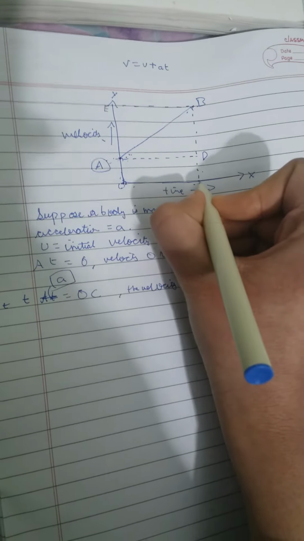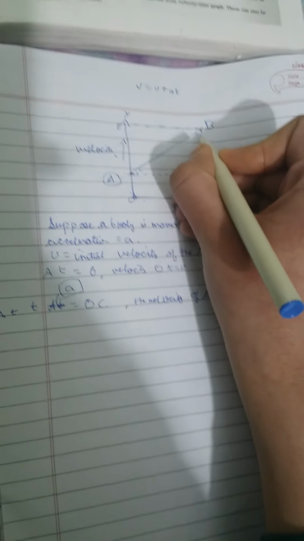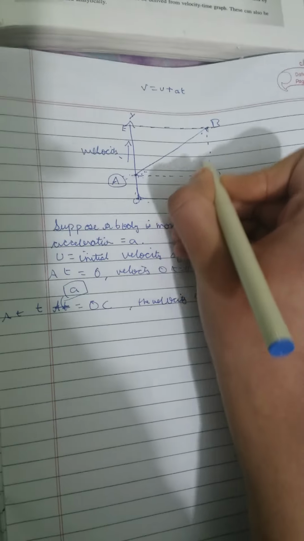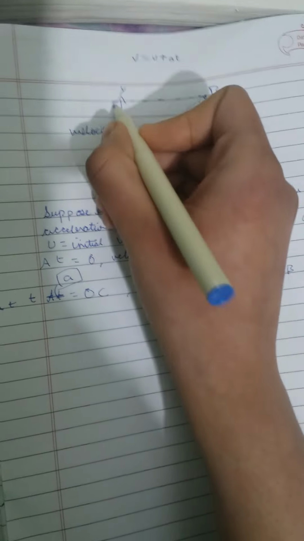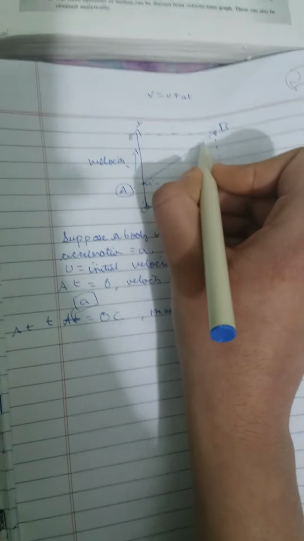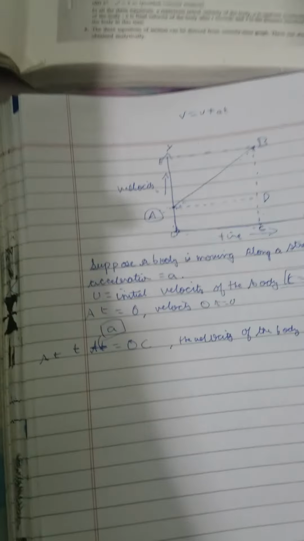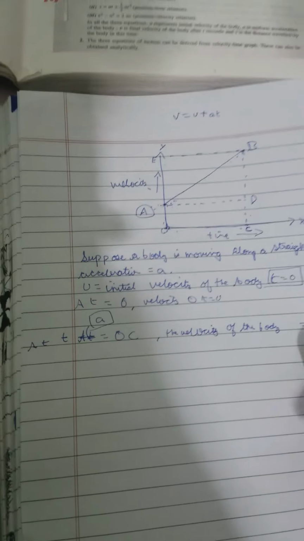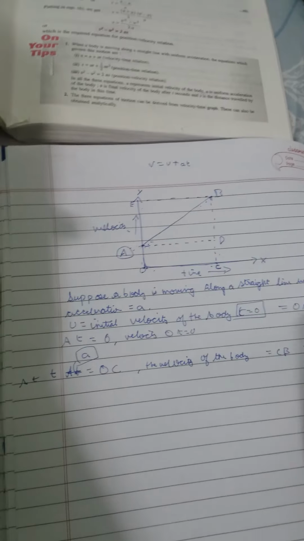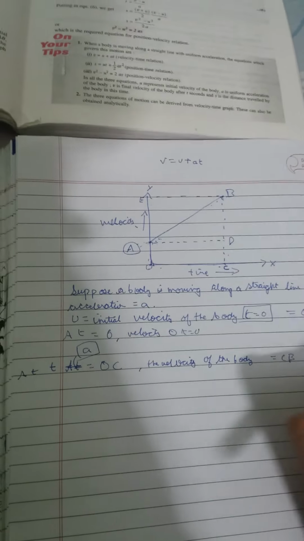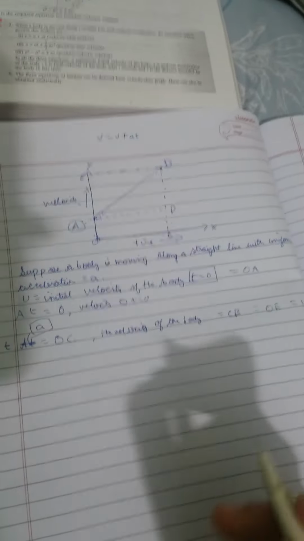At this time we'll go up here, and the velocity is CB, which we can also take as OE, as they're parallel and of the same length. We don't need this, but just for the sake of telling, it is equal to v, the final velocity.